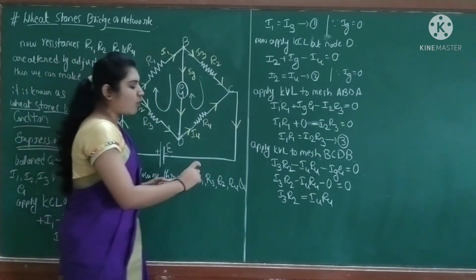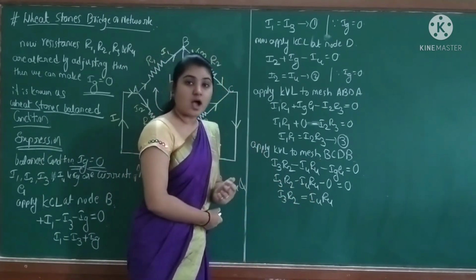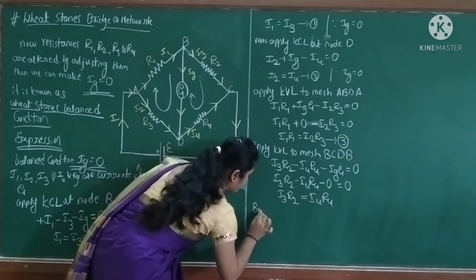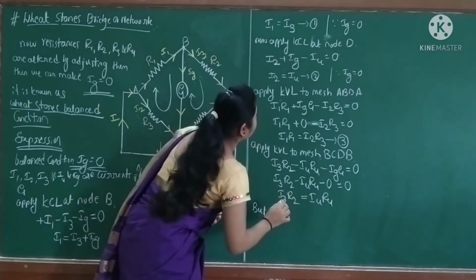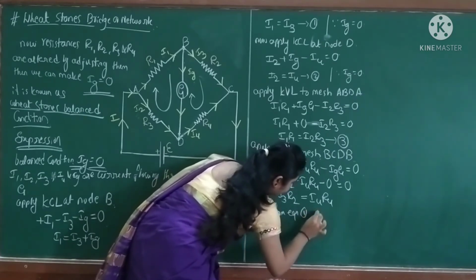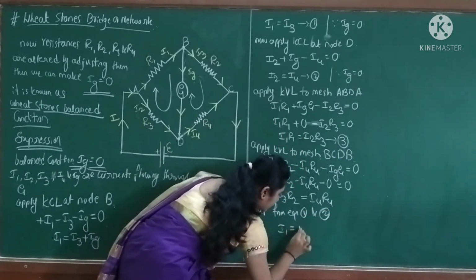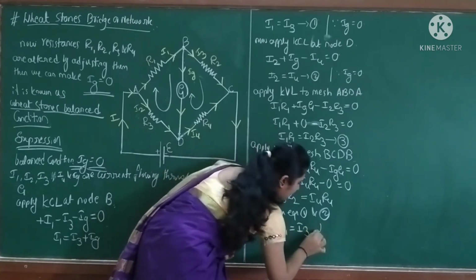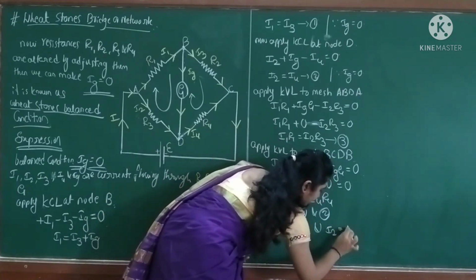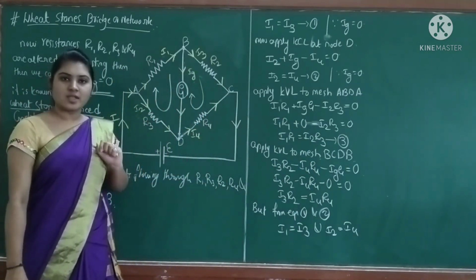Now what will we do? We will change some currents here. How? Just see. From equations 1 and 2, what is it? I1 is equal to I3 and I2 is equal to I4. Look, it is like this.